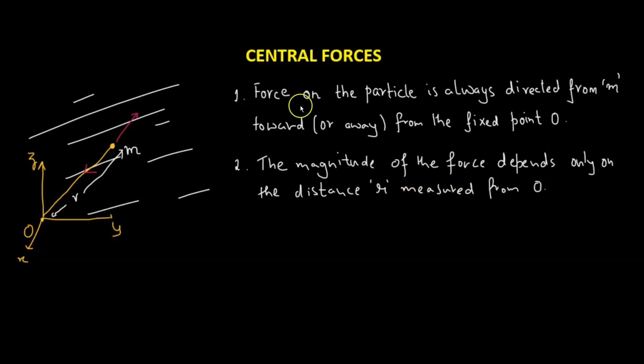So when these two criteria are fulfilled, the force that we obtained on this particle is referred to as a central force, or sometimes a central force field, and the fixed point O will be the center of force. So symbolically, if we have the force denoted by F vector, then our F vector must be a function of the distance R, and it's going to be directed along the line joining the fixed point O and the position of the particle.